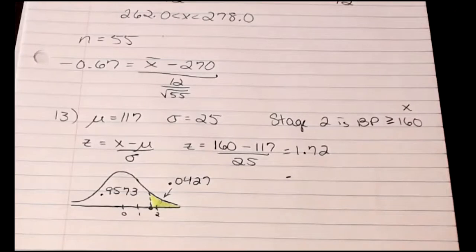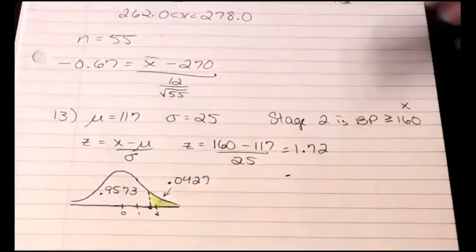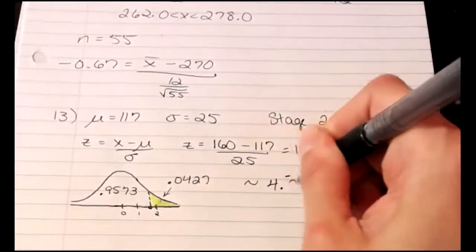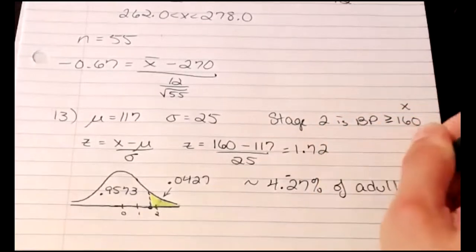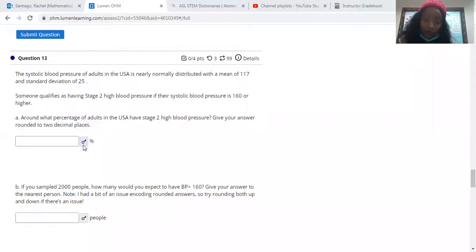The question is asking us around what percentage of adults in the US have that high blood pressure. If we know that the area is 0.0427, now let's turn that to a percent. So we're going to say approximately 4.27% of adults. We'll be able to throw that into Lumen. And look, 4.27%. So that is correct.